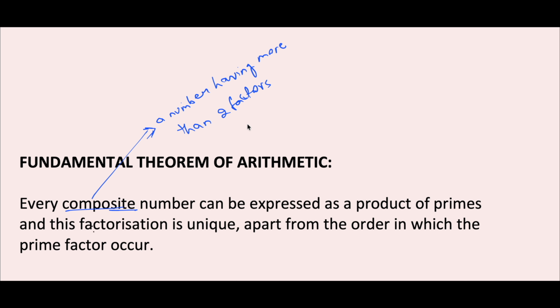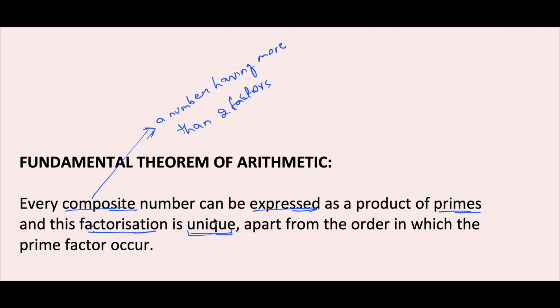A number having more than 2 factors is known as a composite number. So, the fundamental theorem of arithmetic states that every composite number can be expressed as a product of primes, and this factorization is unique, apart from the order in which the prime factors occur.